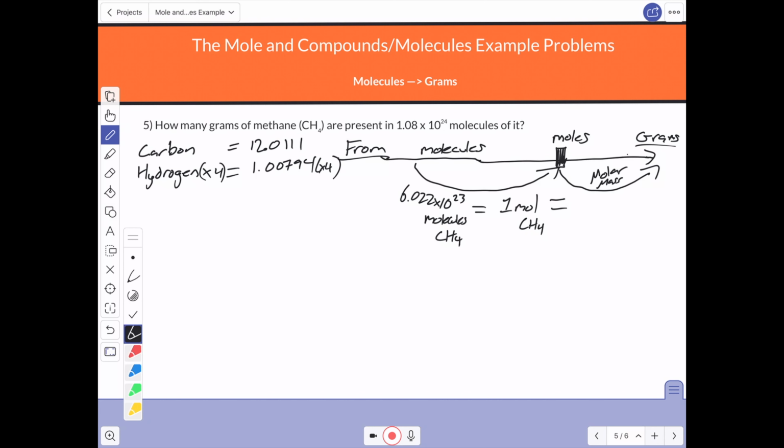So 1.00794 times 4. I'm just going to cross that out and replace it with the value multiplied by 4, and that is 4.03176. We'll draw a line for our sig figs.